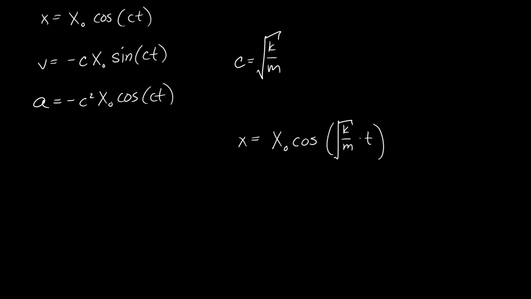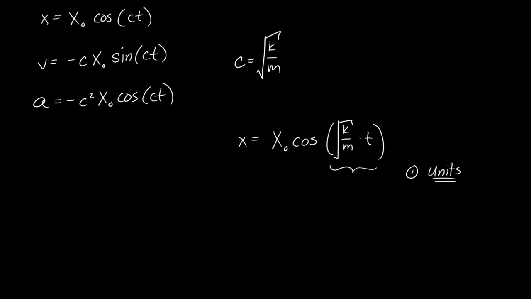Implication number one, because I don't think you guys see the small stuff. So my first implication. Without doing any work, the units of the square root of K over M have to be radians per second. They have to be. Everything inside here has to be in radians.